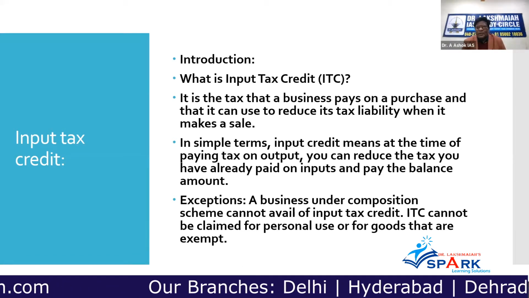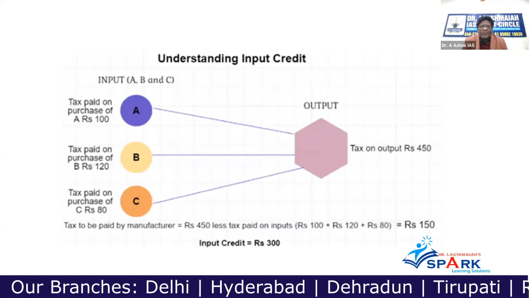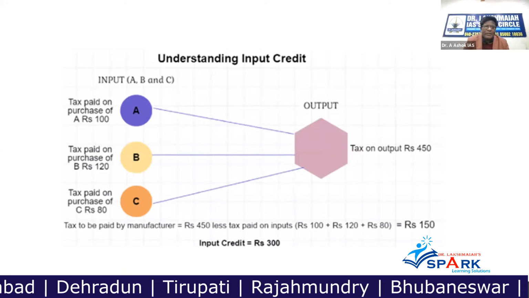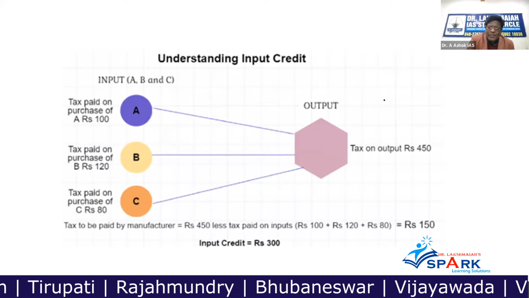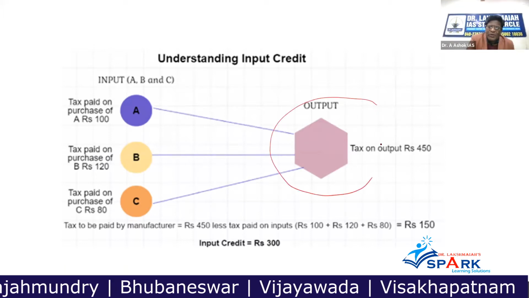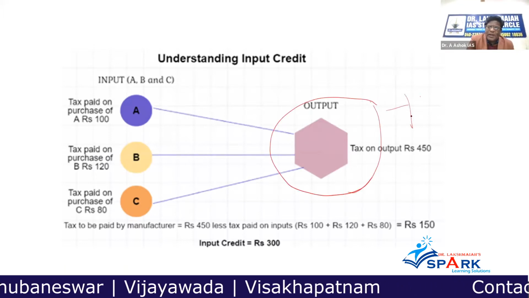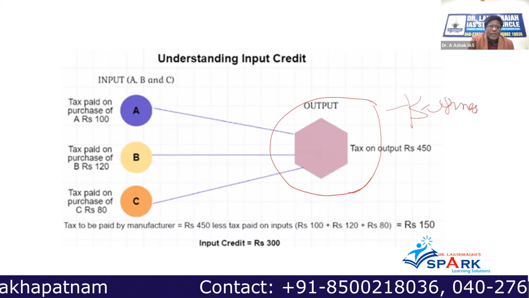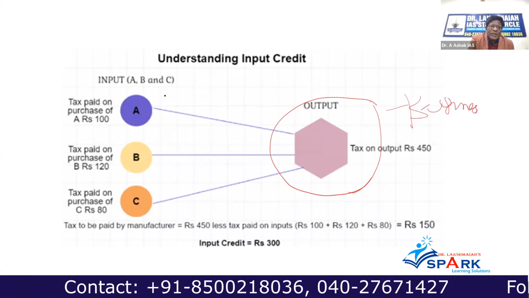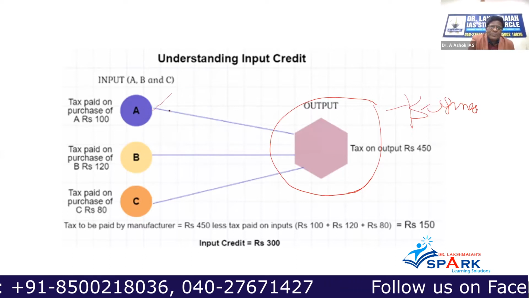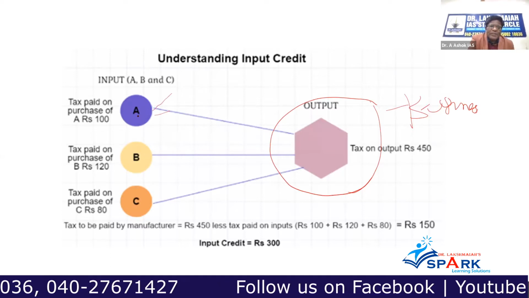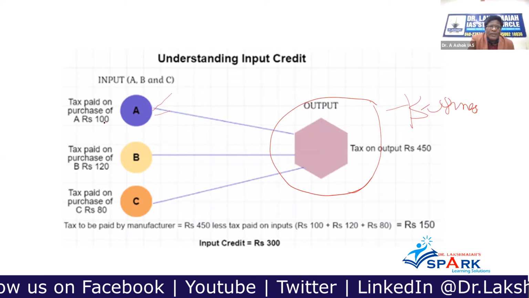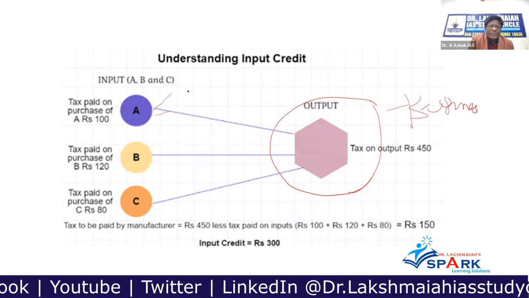For example, there is a very simple diagram to explain this. Look at the diagram, understanding input credit. Let's say this is the output tax that the business group has to pay. Then these are the inputs. Here the business people spend tax paid on the purchase of, let's say, A, which is 100.